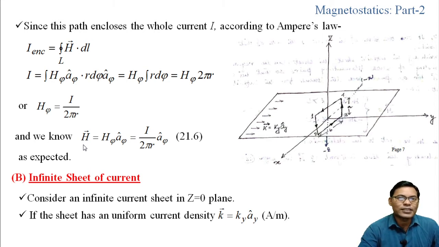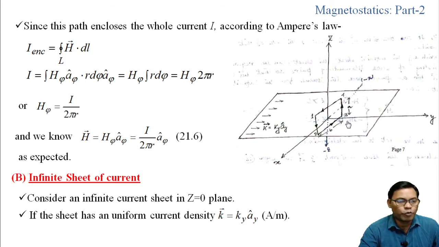Now the second case we are going to consider is the infinite sheet of current. For that we have considered the x, y, z coordinate system, and in this system the infinite current sheet is placed on the xy plane, or we can say it is placed in the z equals 0 plane.